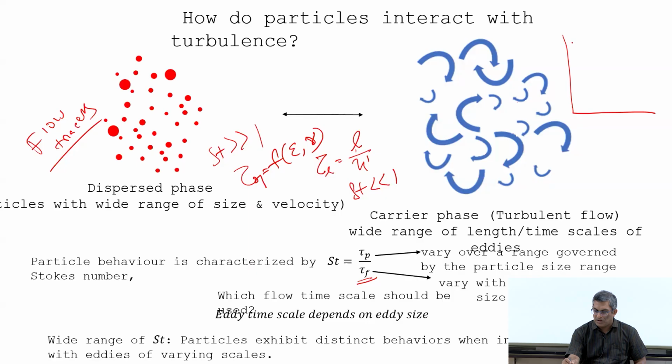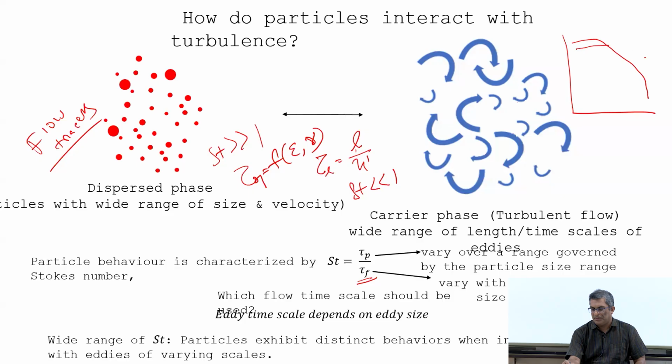So now let's say you have a turbulent flow and this is your power spectrum. Okay. Now if you put particles, what would happen to the eddies? What would happen to, for example, the Kolmogorov eddy? Will it be larger or smaller? What would happen to large scale eddies? So can I expect some difference?